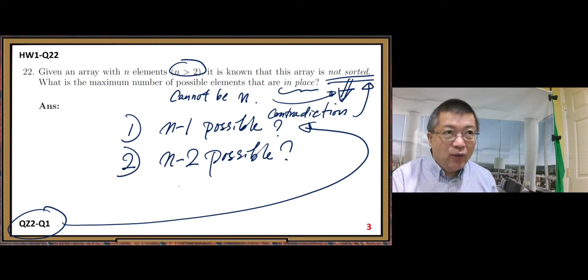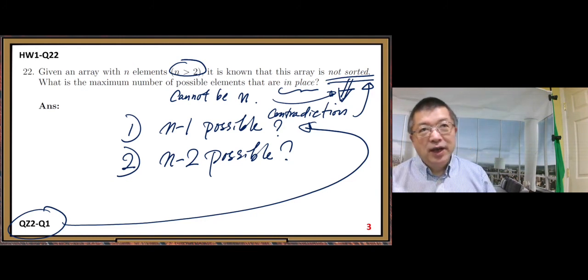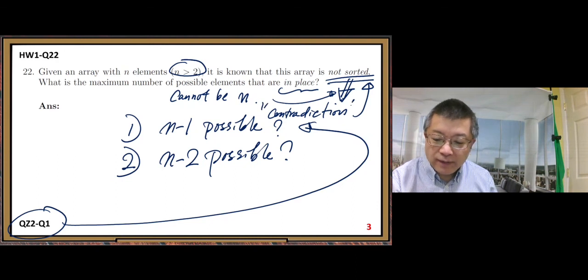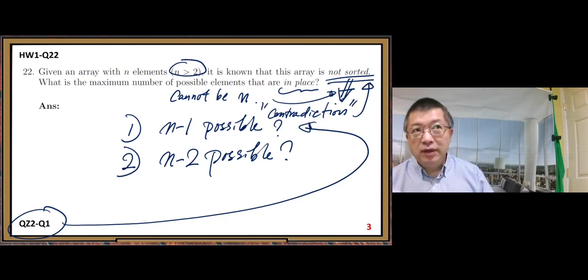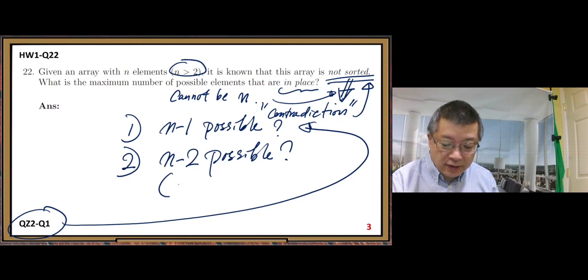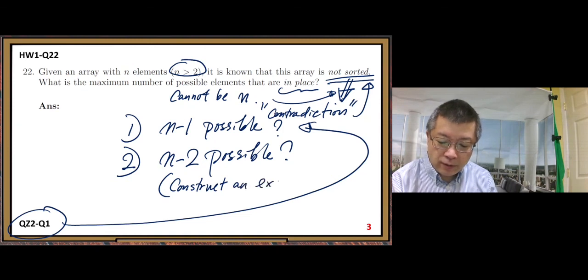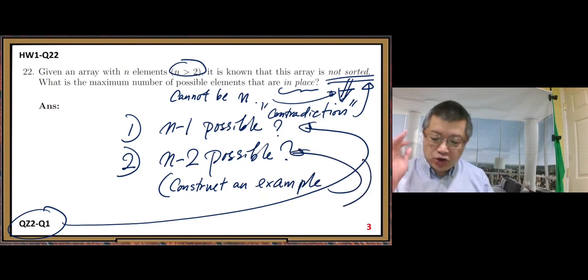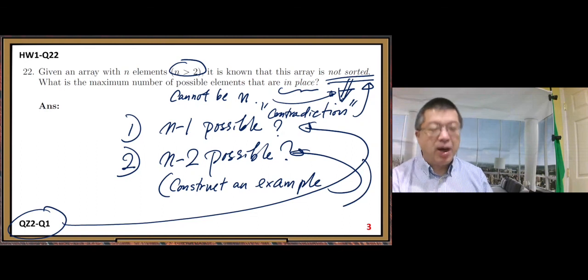Because you may not be able to find a contradiction for n minus 2, if you cannot find a contradiction, can you construct an example to show that n minus 2 elements in place is possible?